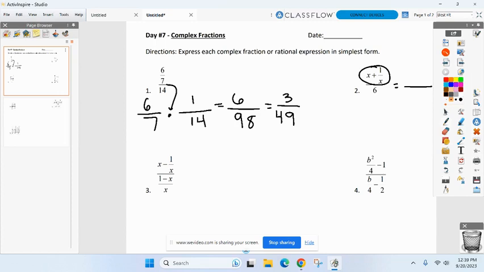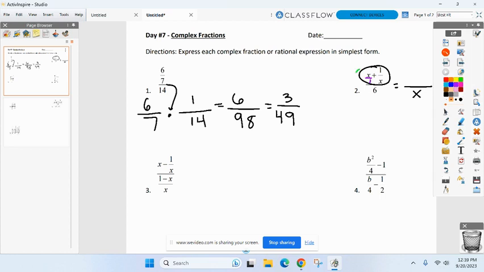So on top only, what's my common denominator? I have x over 1 and 1 over x. What's my common denominator? X. All right. What do you have to multiply this x by? Because remember, it's over 1, really. What am I going to have to multiply that x by to make it look like my common denominator?